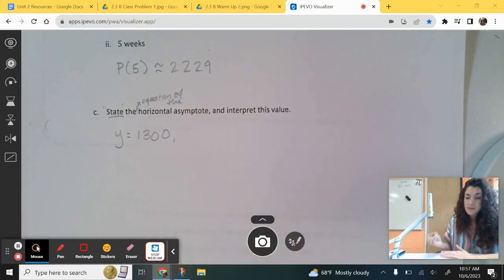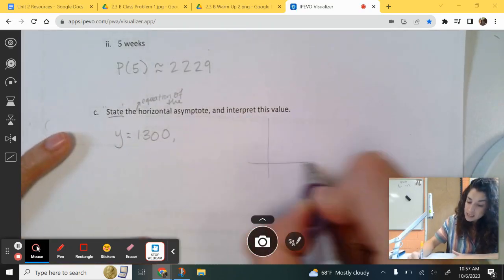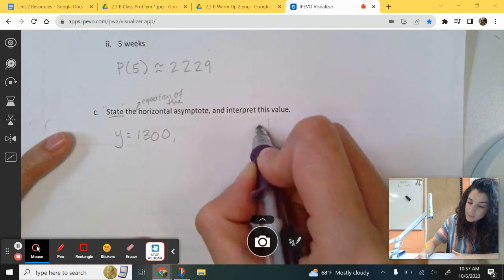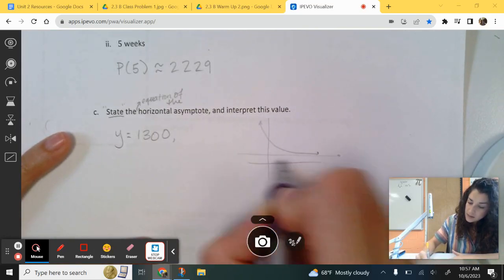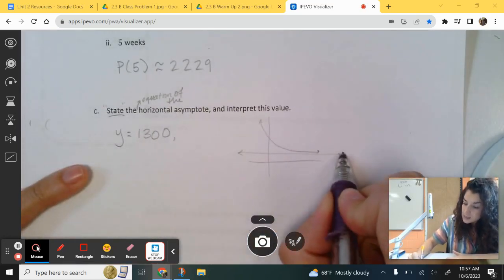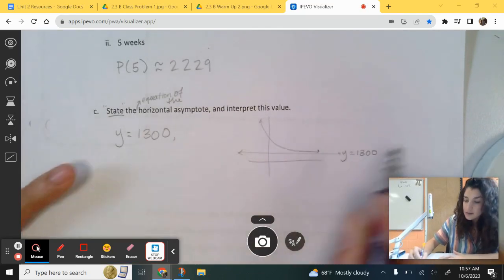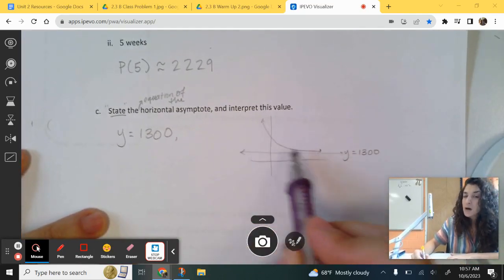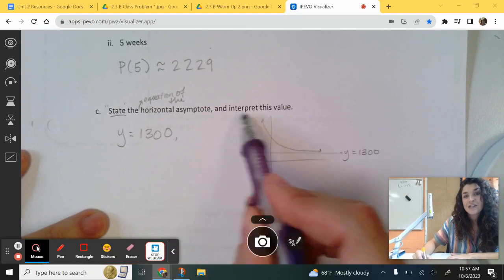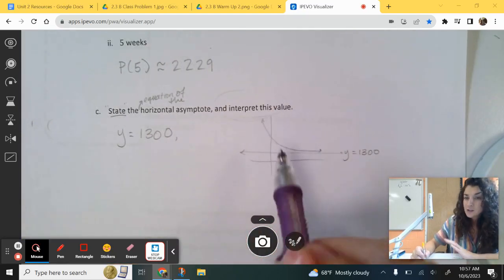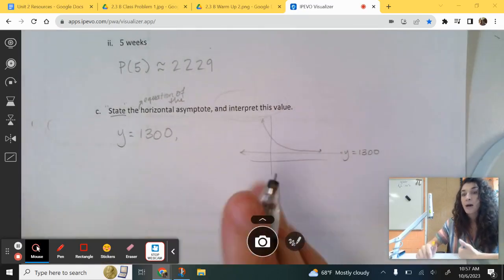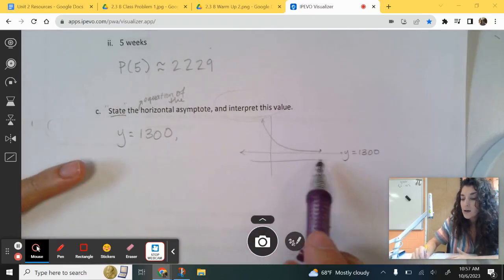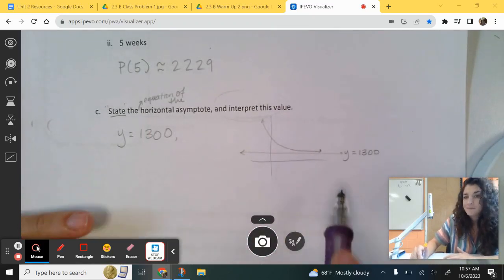And what does this mean? It means if we're talking about population decay, that this exponential model, and it says interpret, so in context. So instead of saying exponential model, I'm going to say that the population of the bees is approaching 1,300.